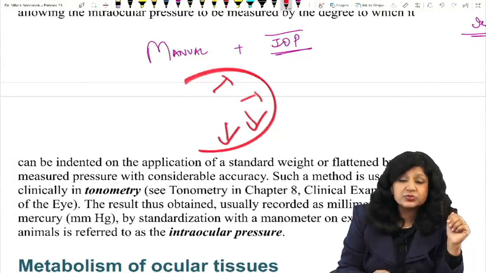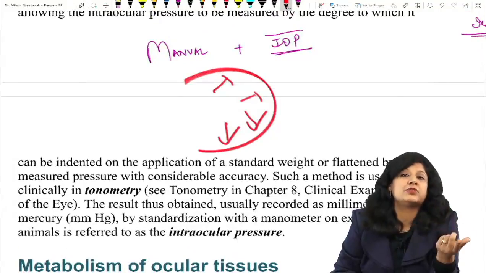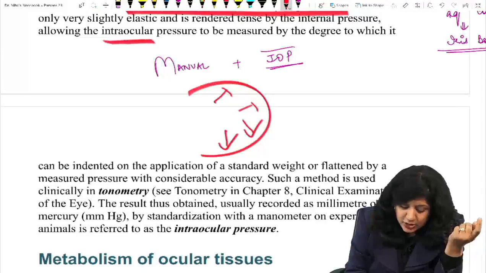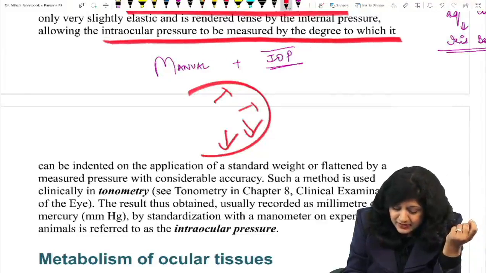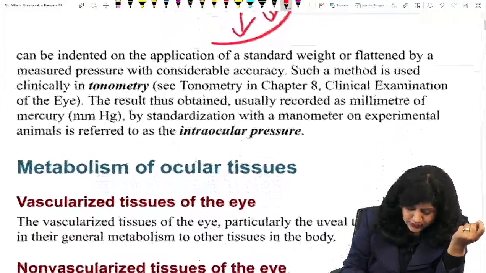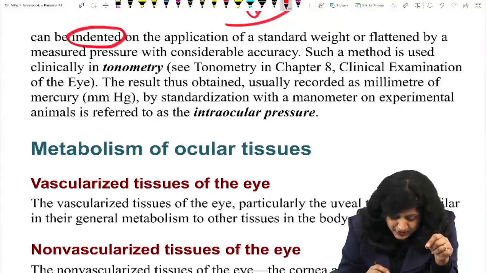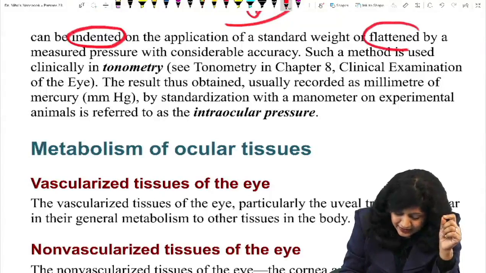So we are using this information to calculate our intraocular pressure. You have to calculate by the degree to which it can be indented on the application of weight, or it can be flattened.